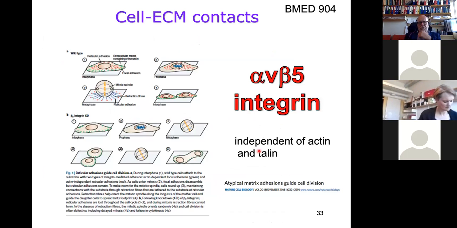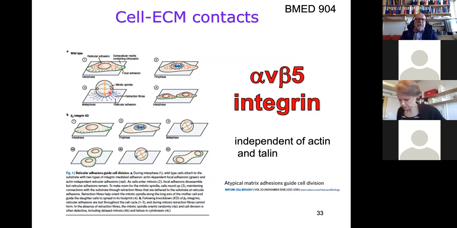Here is an illustration from a paper that was published in Nature Cell Biology in 2018. Here you see a cell which, when it is about to divide, rounds up, and it has these very, very fine, small attachment points.